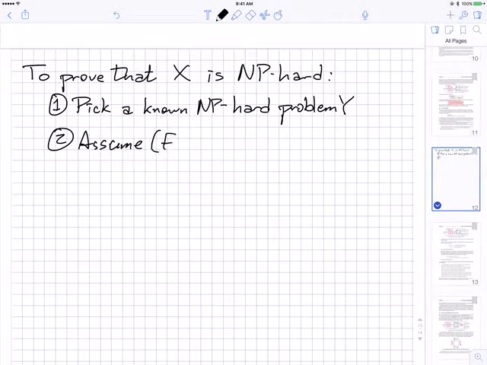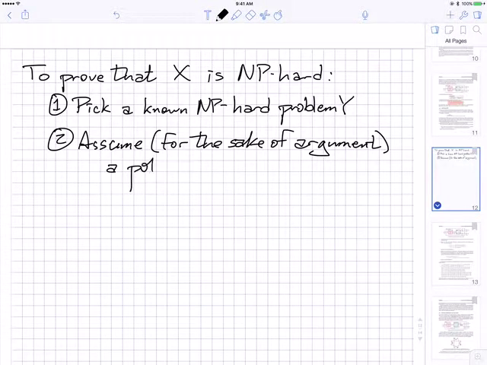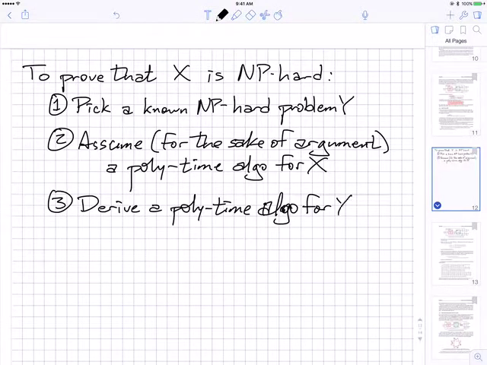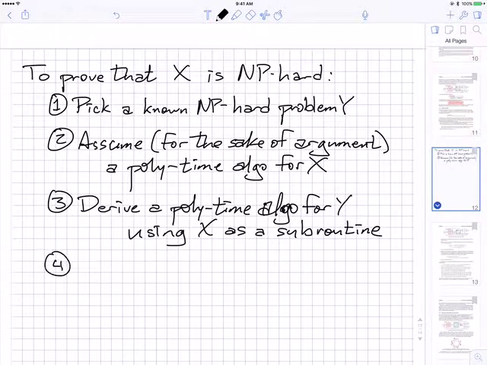Assume, for the sake of argument, a polynomial time algorithm for X. Step 3, derive a polynomial time algorithm for Y, using this algorithm for X as a subroutine. Step 4, contradiction. Okay.